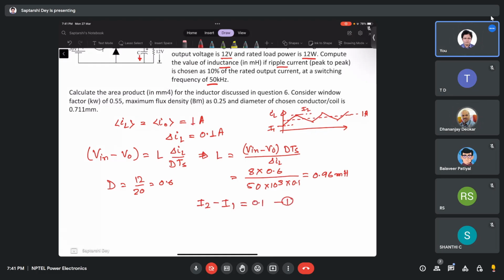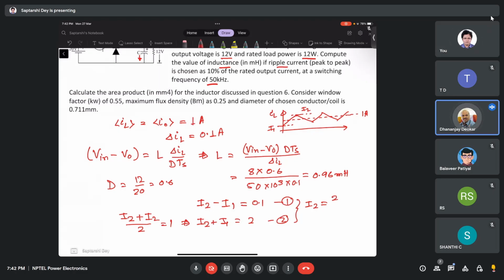Another equation is I2 plus I1 by 2, the average, is 1, that is I2 plus I1 is 2. So from these two we find that I2 is 2.1 by 2, 1.05 ampere, and I1 is 0.95 ampere.